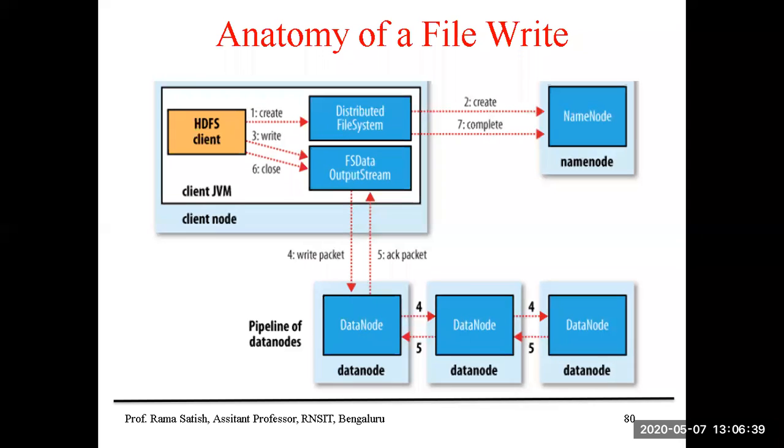And this is very important: the anatomy of file write is very important, since we have to take care of a lot of replication, and of course reading is very simple.